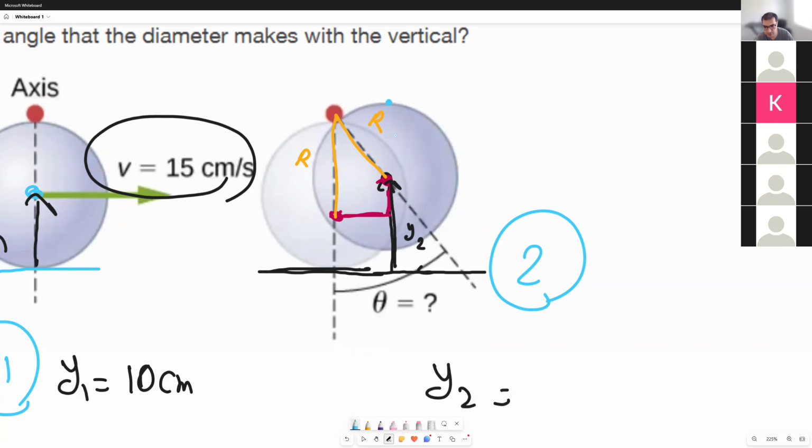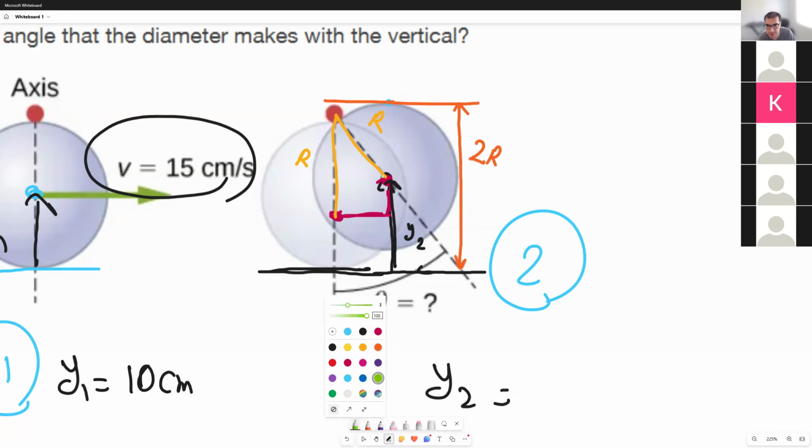Eric is saying from here to here is going to be 2 times the radius, and he's going to take out this much, the green one, which is r cos theta, because this angle is theta, right?